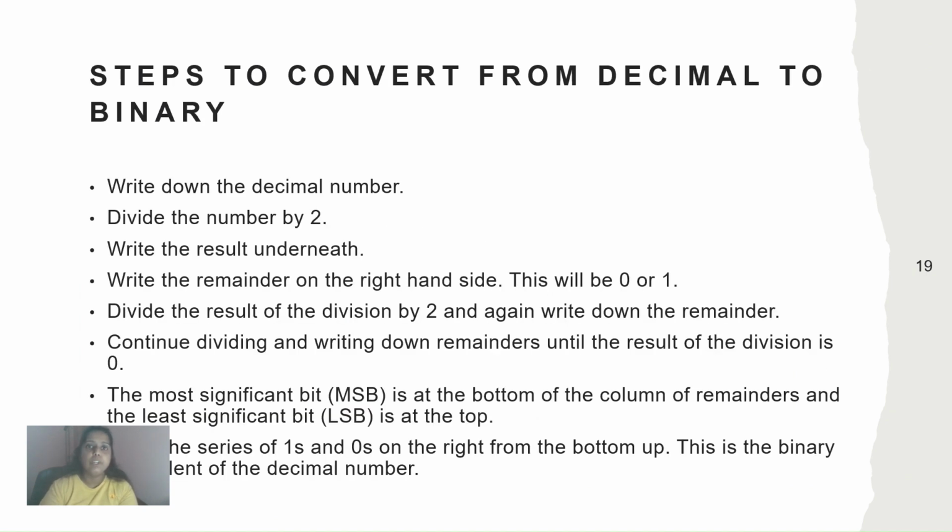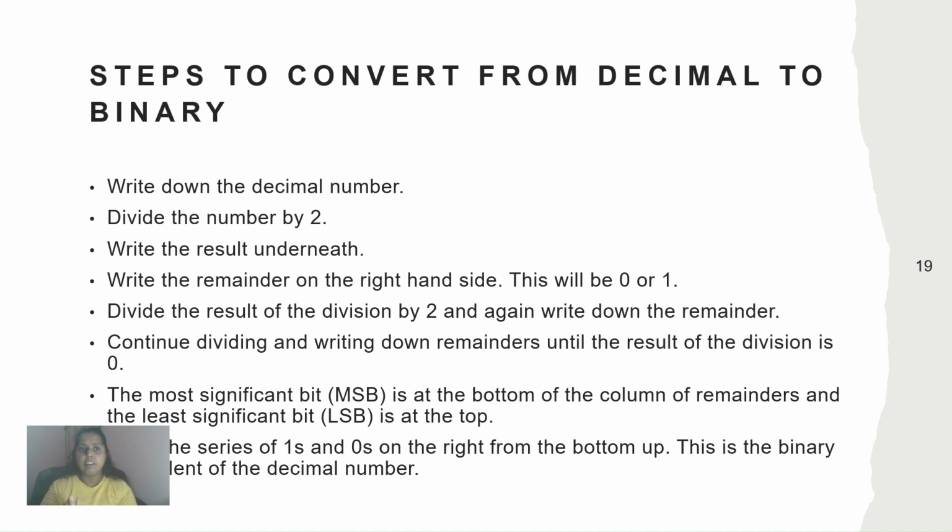Step 2. Convert from decimal to binary. Write down the decimal number. Then successively divide the number by 2. Write the result underneath. Write the remainder on the right hand side, aligned to the value. This will be either 0 or 1. Divide the result by 2 and again write down the remainder.